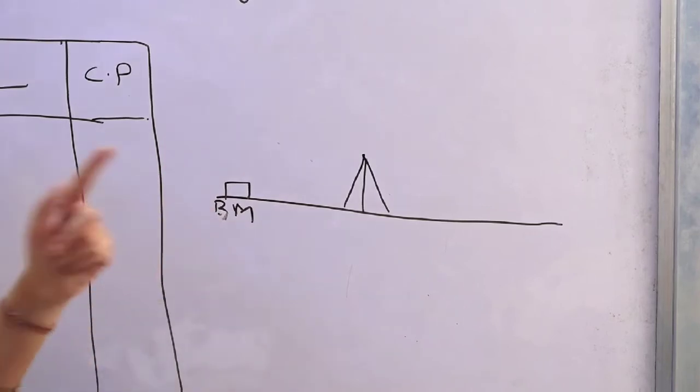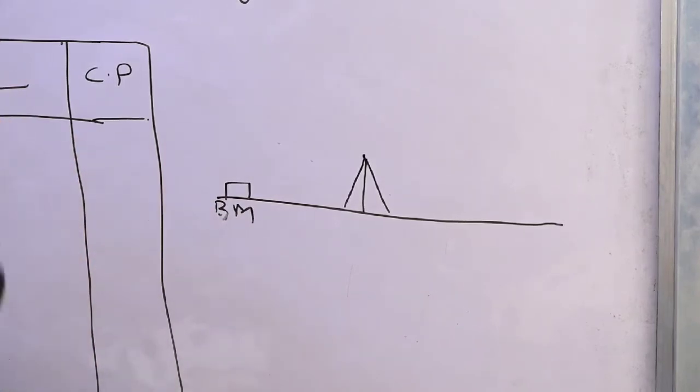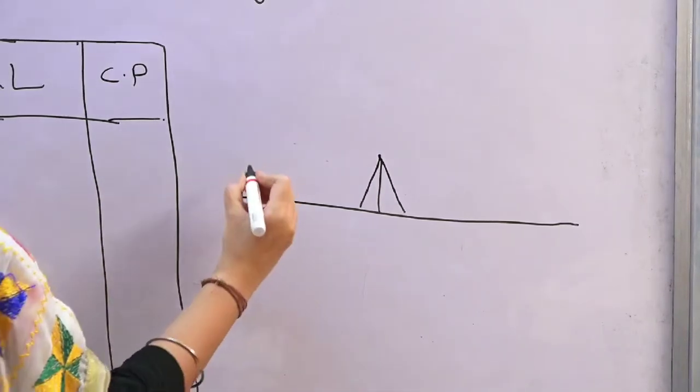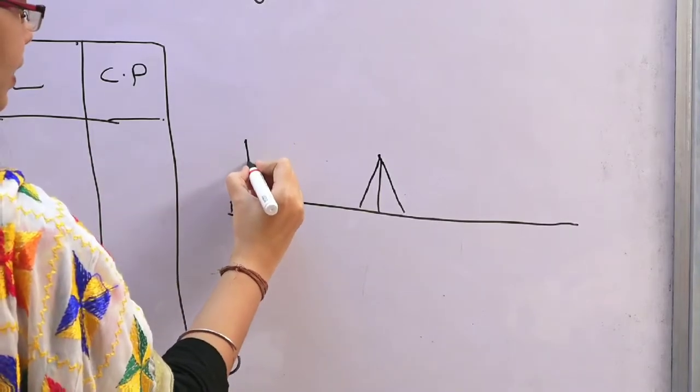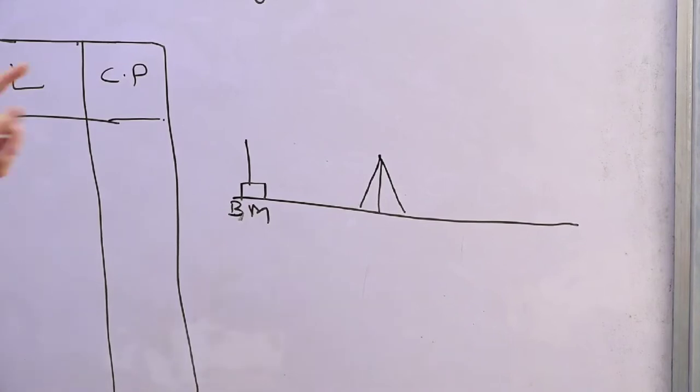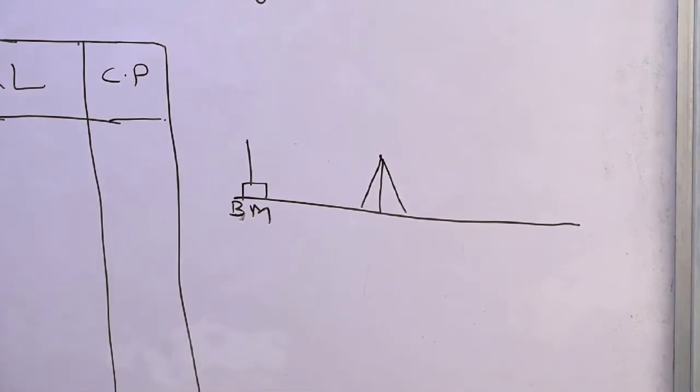Reduced level is the vertical distance of different points above or below the level surface which we measure. Now we use a leveling staff to measure the vertical height of different points from the leveling instrument.